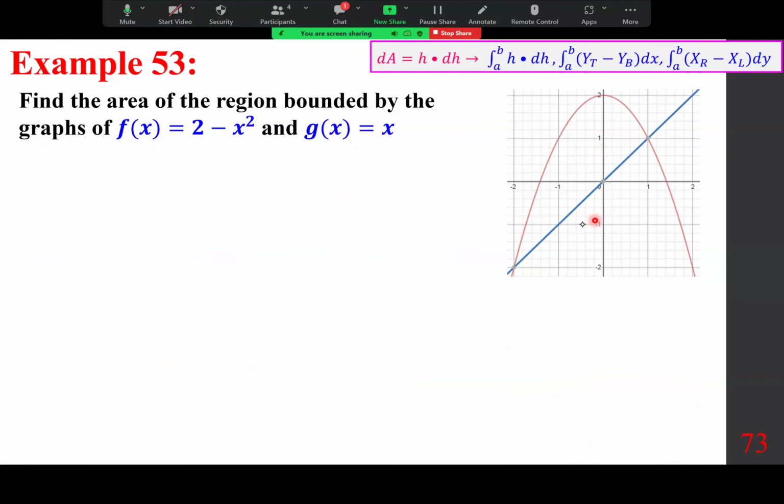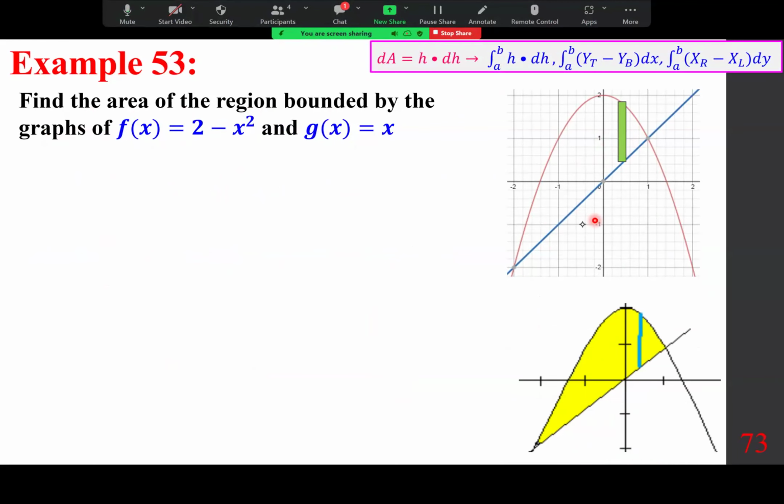That means we want to find this area, everybody. We want to find this area. So this is a typical rectangle. This rectangle sweeps along the x-axis from here to here. So we need to find this point and this point.